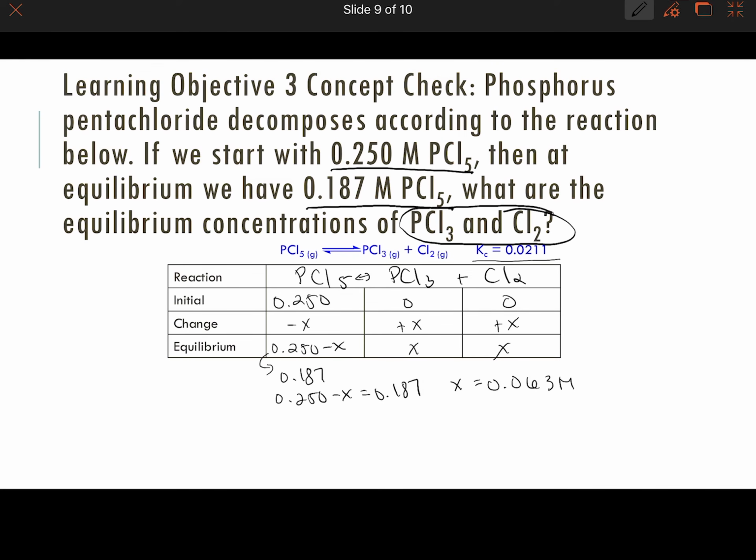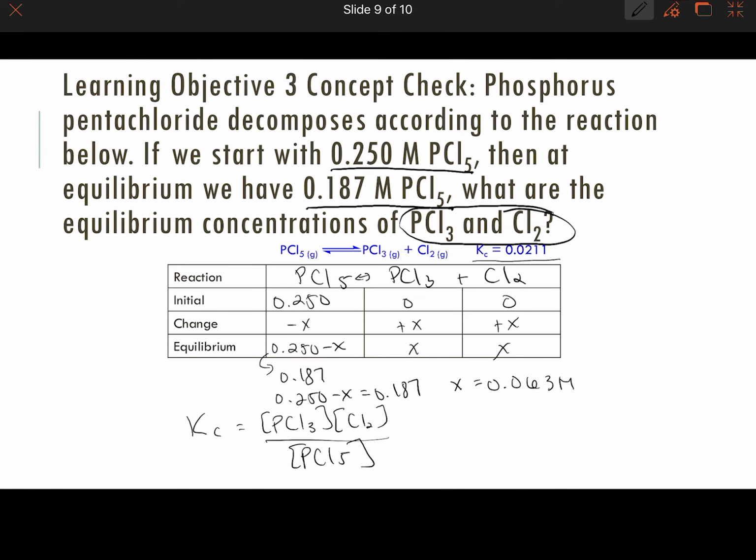Now, this one, like I said, is a very easy one. Since we have this information, we want to go ahead and confirm that we have the correct values. So our Kc expression in this case would be PCl3 times Cl2 divided by PCl5.